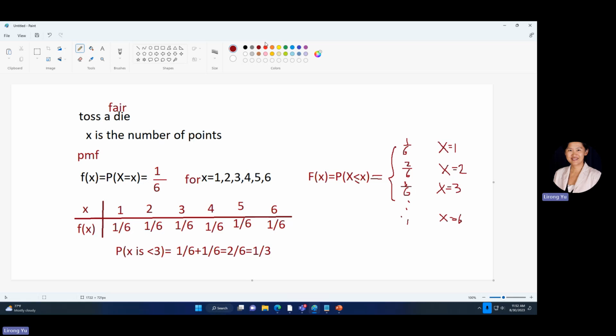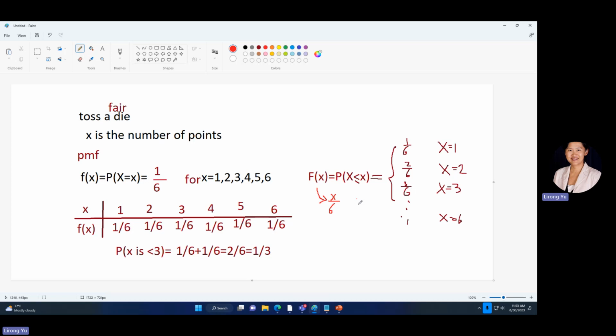If you summarize it, we realize we can write it this way, which is x/6, where x is equal to all those numbers. If it's 1, it's 1/6. If it's 2, 2/6. Obviously, you can use a little formula x/6 for the cumulative distribution function. So the probability mass function is f of x equal to 1/6 for all 6 values.